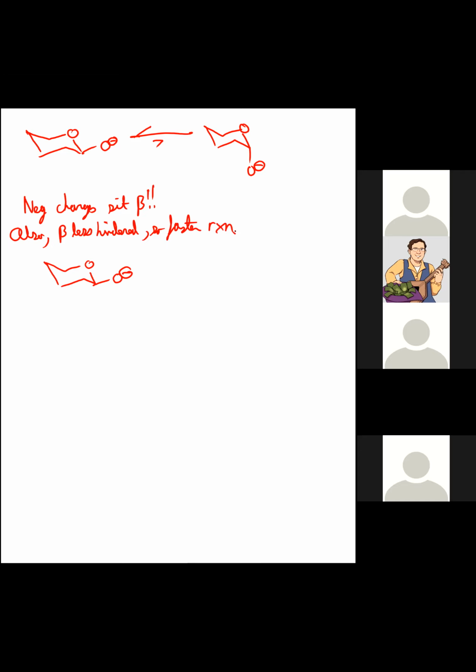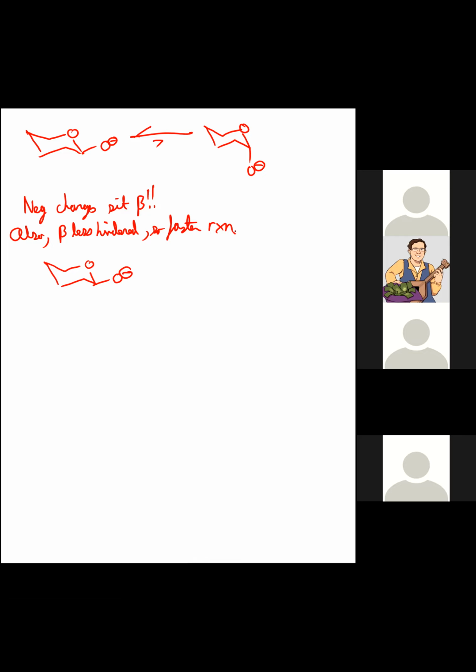First of all, the equilibrium lies towards the beta, and then once you have a beta negative charge, it reacts faster than alpha negative charge because it's less hindered. There's more angles for the electrophile to approach that nucleophile. So everything's kind of playing that way. Both the thermodynamics of the system, the equilibrium lies towards the beta, and the kinetics of the system, the beta reacts faster because it's less sterically hindered. So the beta wins no matter how you look at it.